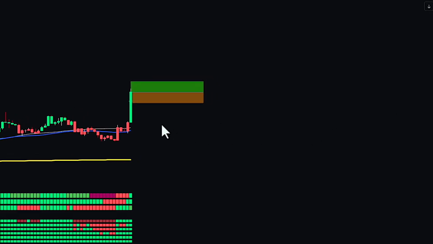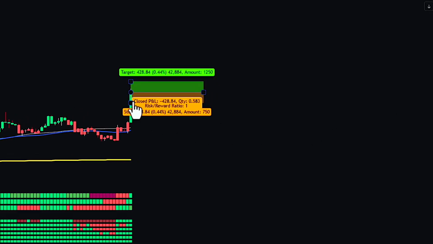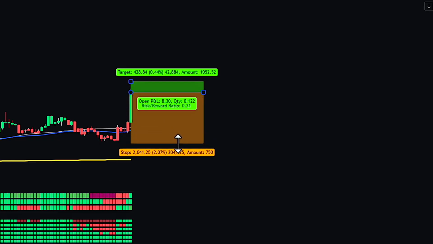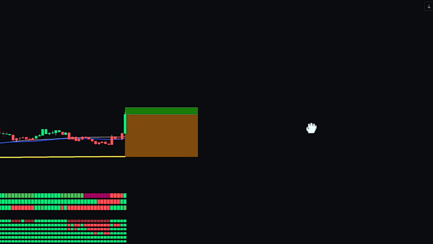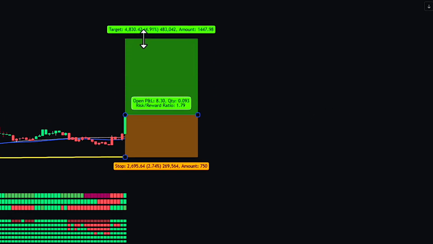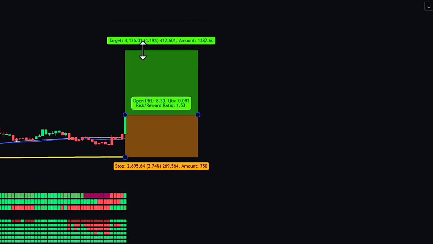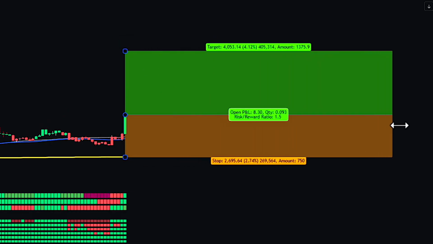Of course, no trade is complete without proper risk management. After extensive backtesting, we found that the best options for setting a stop loss are either placing it at the recent swing low or using one of the moving average lines. As for the target, aiming for 1.5 times the risk level tends to yield the best results based on our backtesting data.